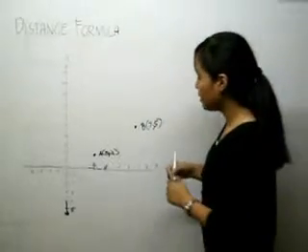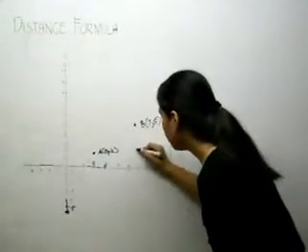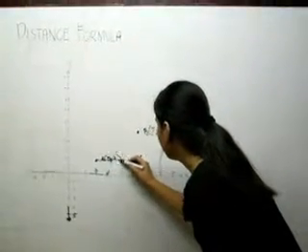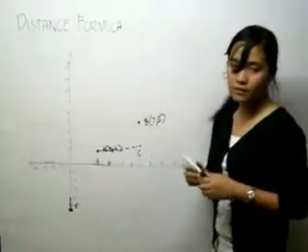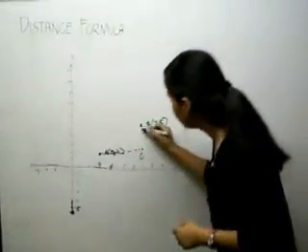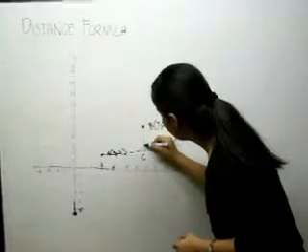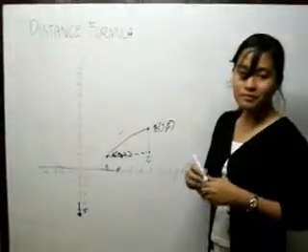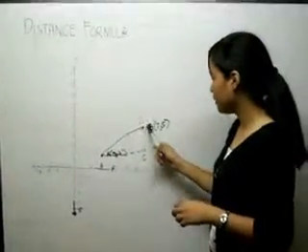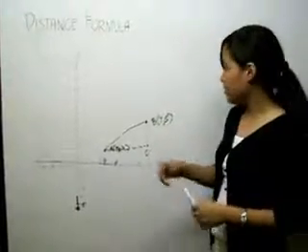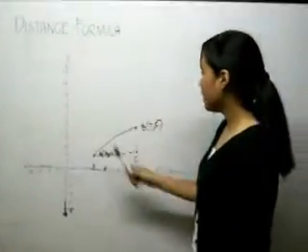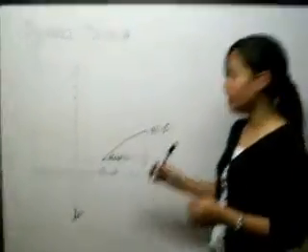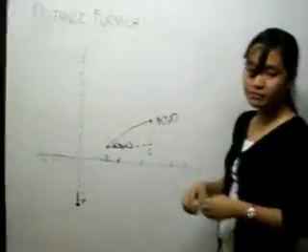The horizontal segment AC and the segment BC intersects the vertical segment. Notice that the triangle ABC is a right triangle. So, we can use the Pythagorean theorem to find the distance between A and B.